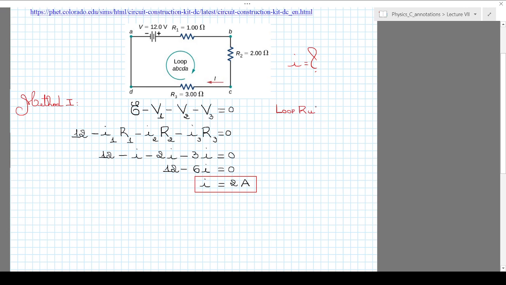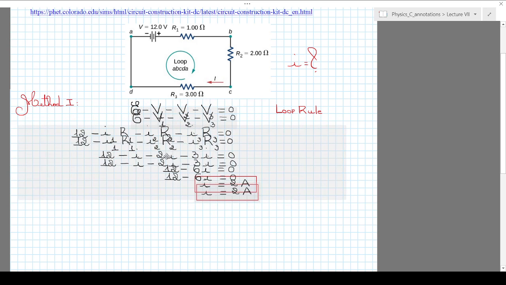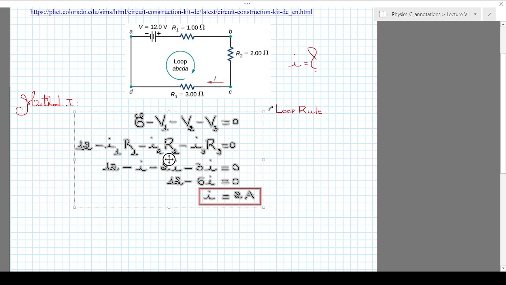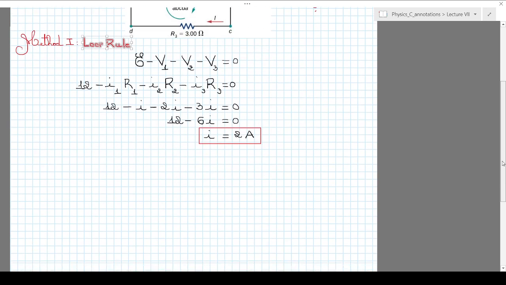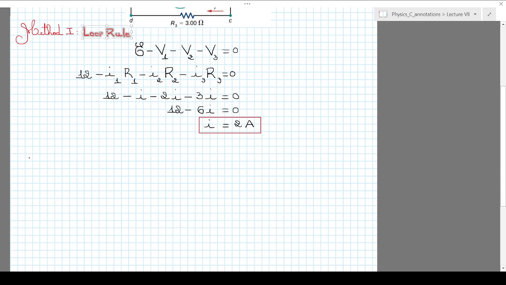We found, so this was the, let's make this a little bit more organized because I also want to take a trip down memory lane and go back to high school. And we are going to solve it exactly the same way we did in high school.